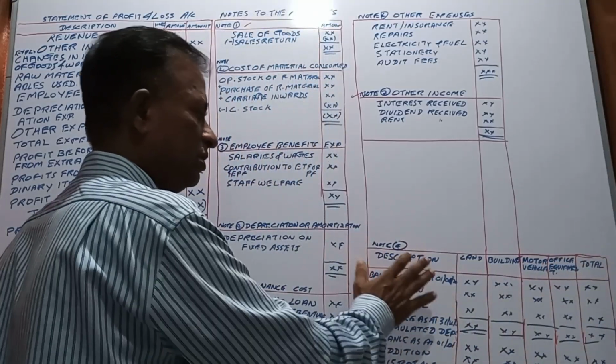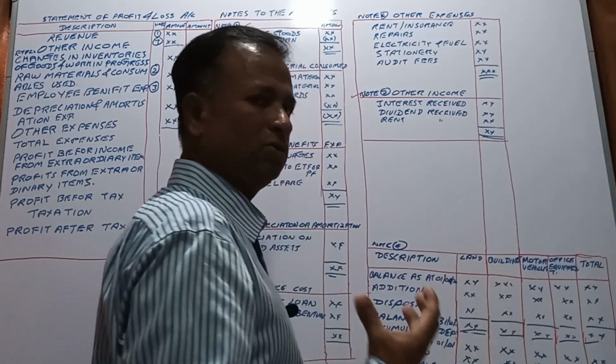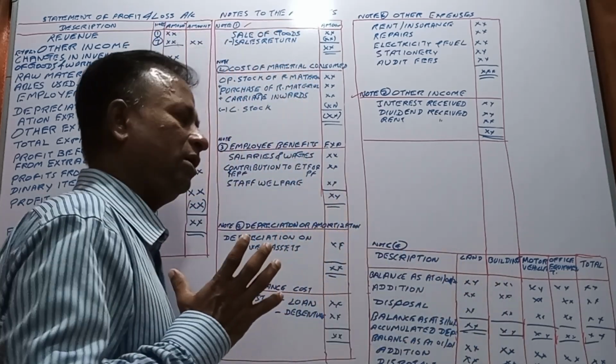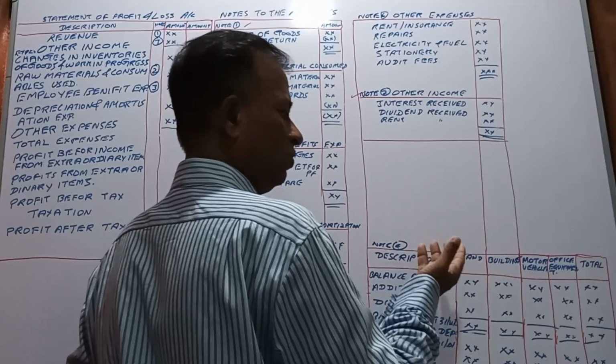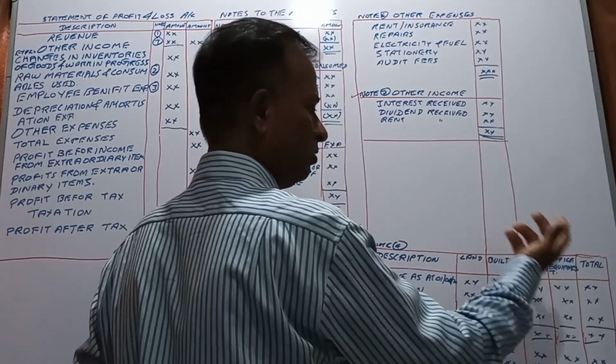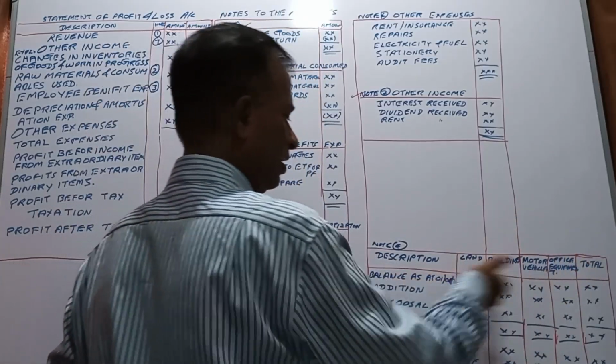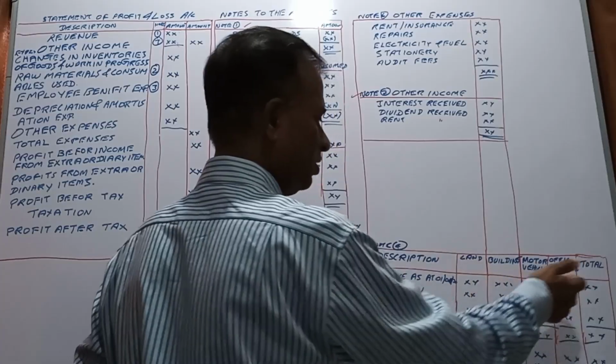Additions during the year are whatever you have purchased during the year, maybe land or building or motor vehicle or office equipments, etc.